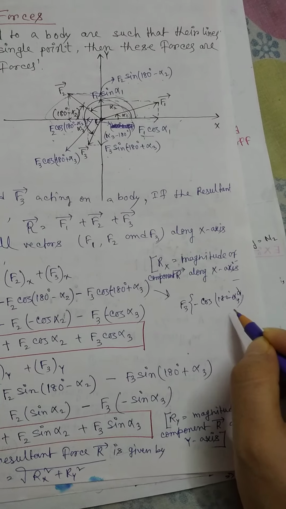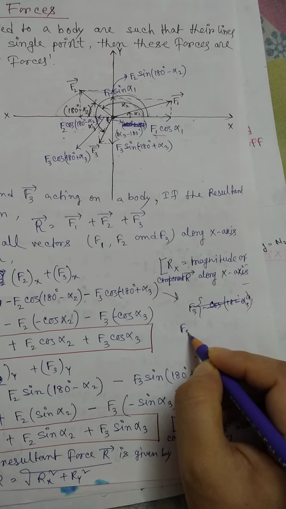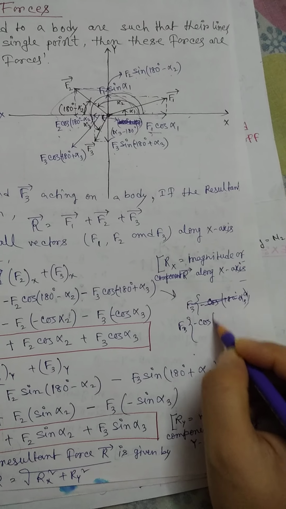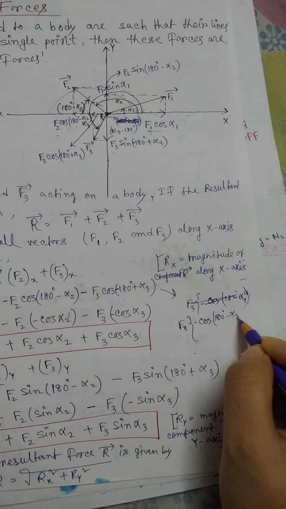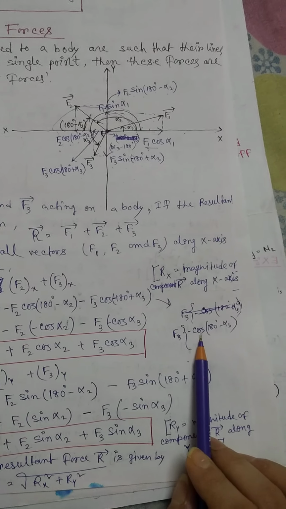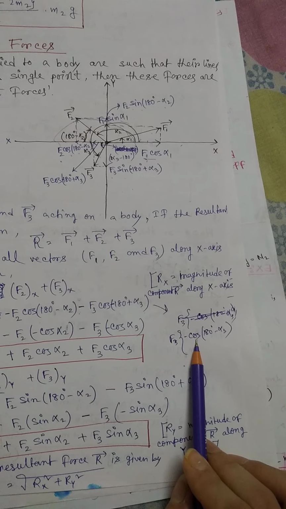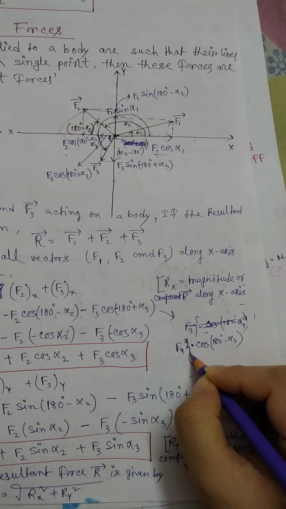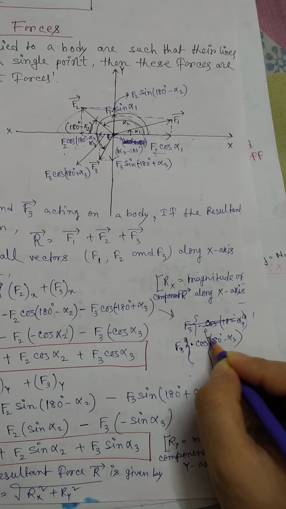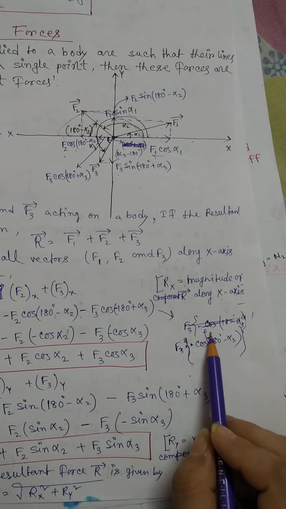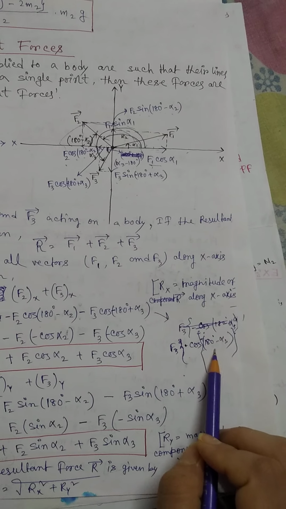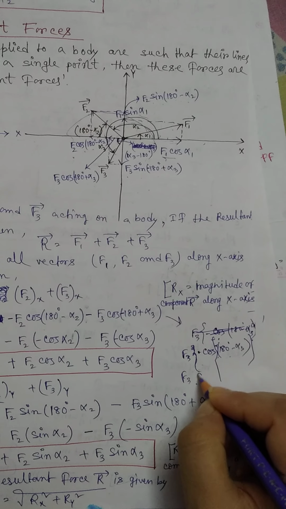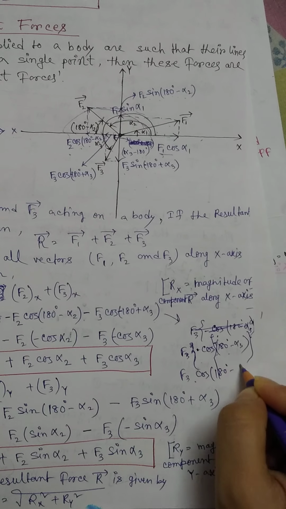F3, if we take the common negative sign, then cos(180 degree minus alpha 3), right? Now minus at here, because cos of minus theta equals cos theta. That means F3 cos(180 degree minus alpha 3).